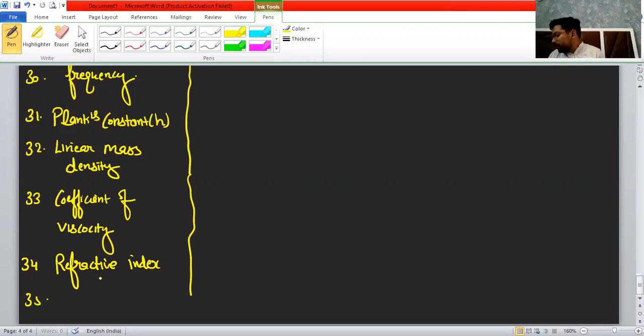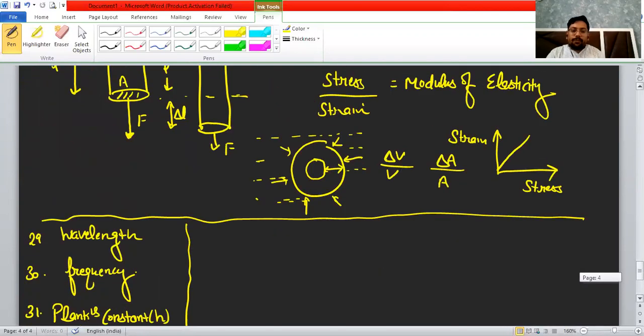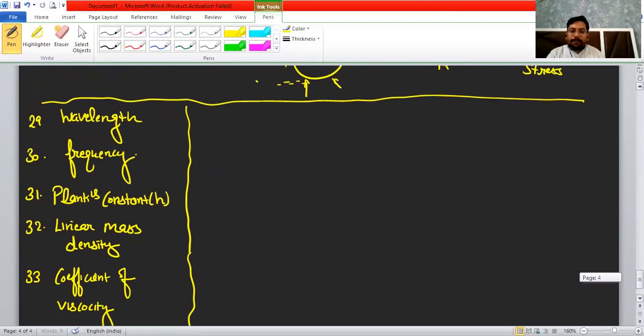And then some terms related to electricity like charges, resistance, potentials, etc. So first of all, what is wavelength?